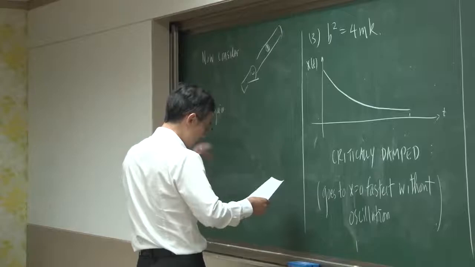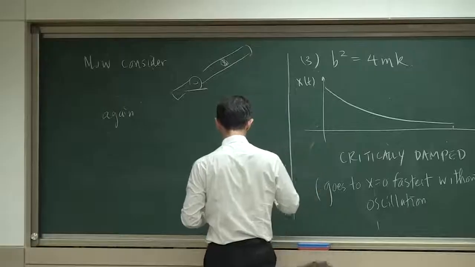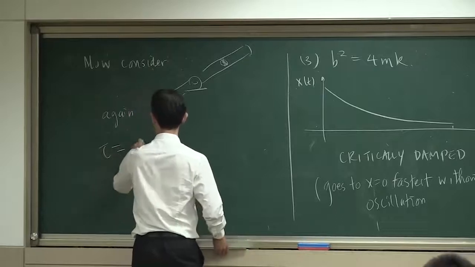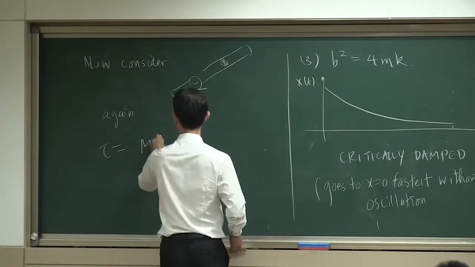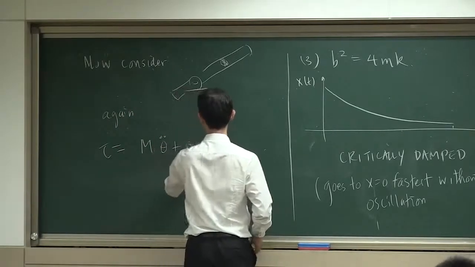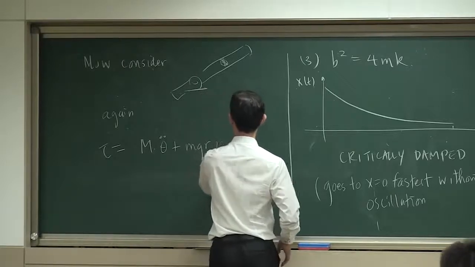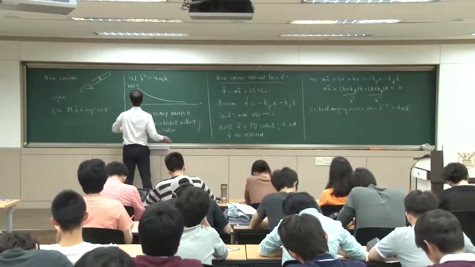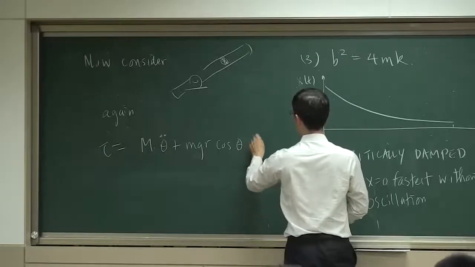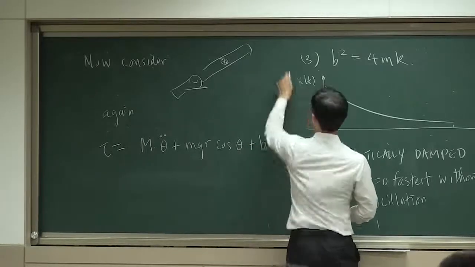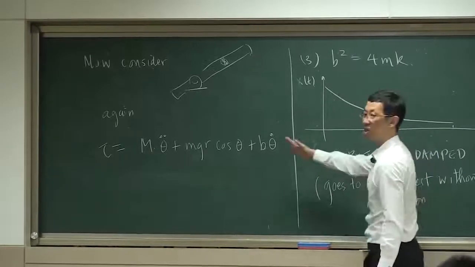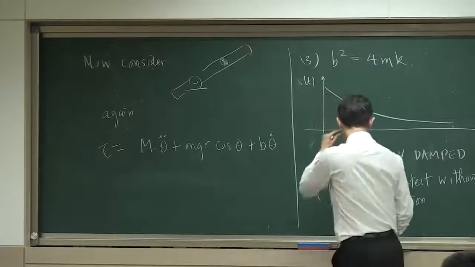The equation here was tau equals large M theta double dot plus mgr cosine theta. We're going to add friction here, so let's say there's some term b theta dot. So this has friction and gravity here.